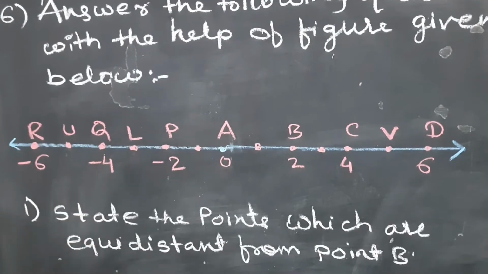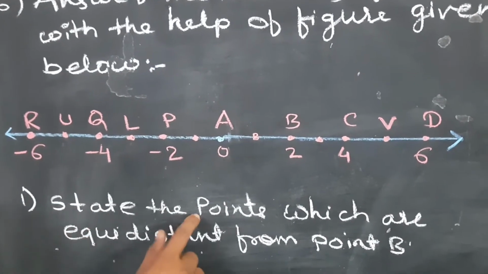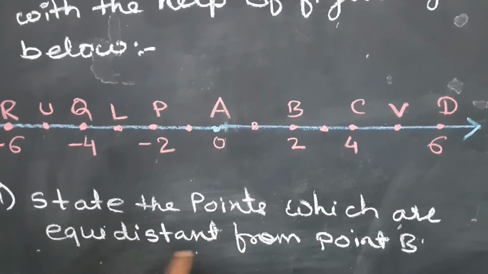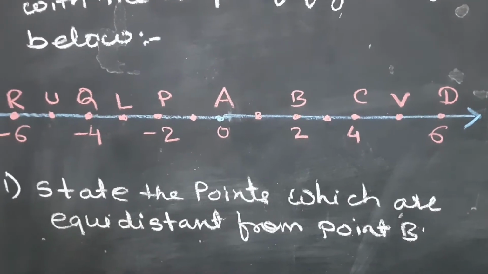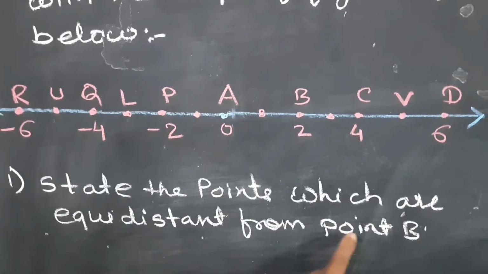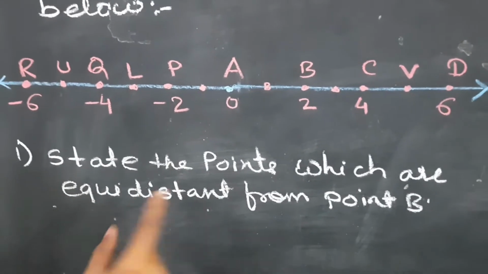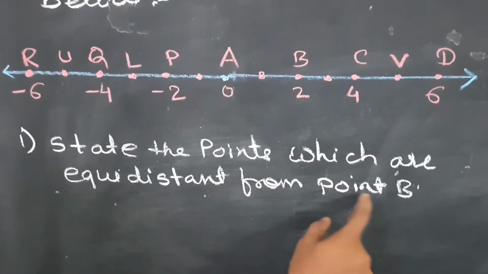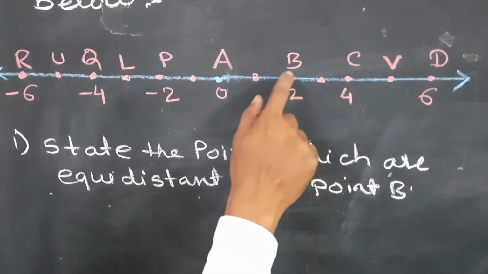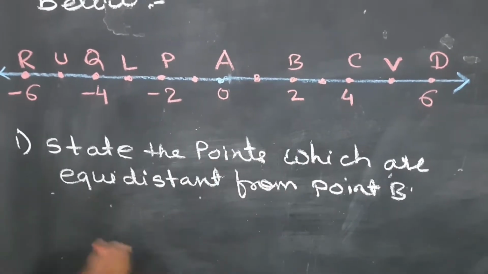Now, your first question is: state the following points which are equidistant. Equidistant means equal distance from point B. Here you have to state which points are equidistant from point B. Where is your point B? Your point B is here.